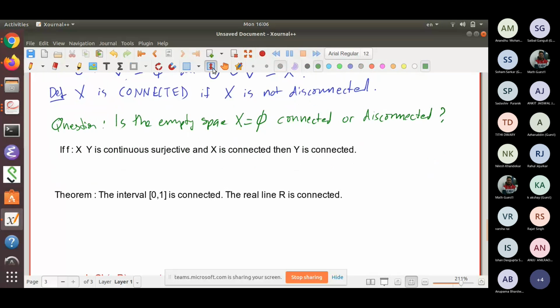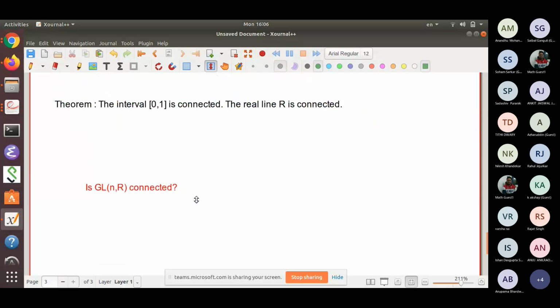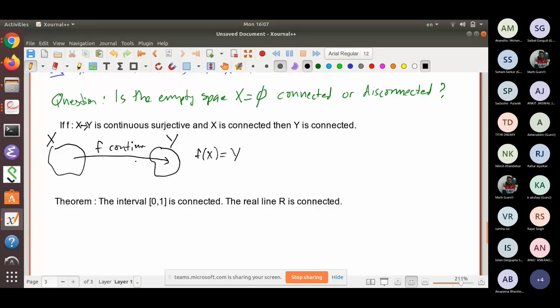Now here is a basic property of continuous functions. Let me draw an arrow here. I have this X and I have Y and I have a continuous map f, and f(X) is equal to Y, which means onto, surjective.